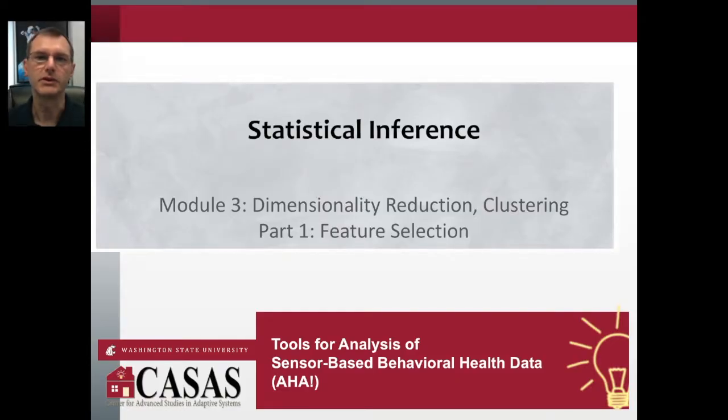Welcome back to the course on statistical inference. In Module 3, we are going to look at some techniques for analyzing data, not necessarily with a class prediction in mind, but just trying to better understand the data, perhaps just looking at the sensor data, not necessarily the class values.